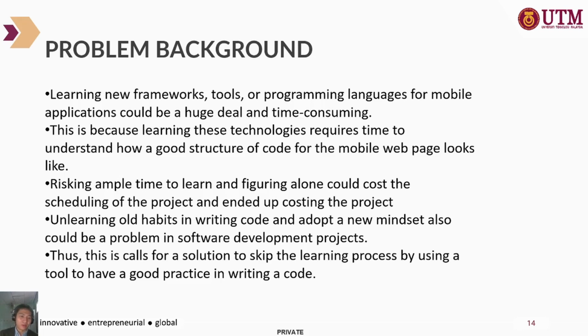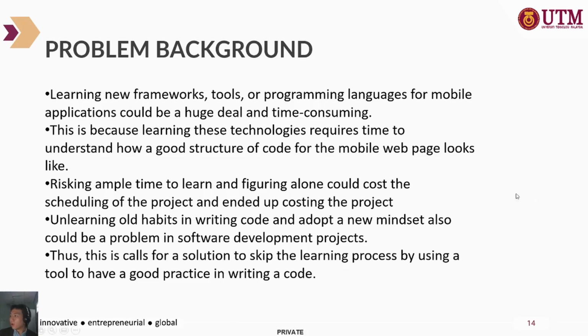Not only that, unlearning old habits in writing code and adopting a new mindset also can be a huge problem in a software development project. Thus, this calls for a solution to skip the learning process by using a tool to have good practice in writing code.